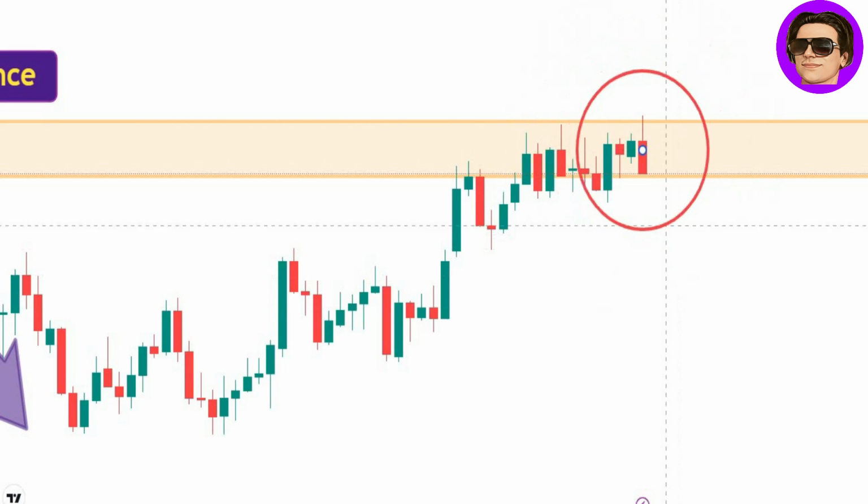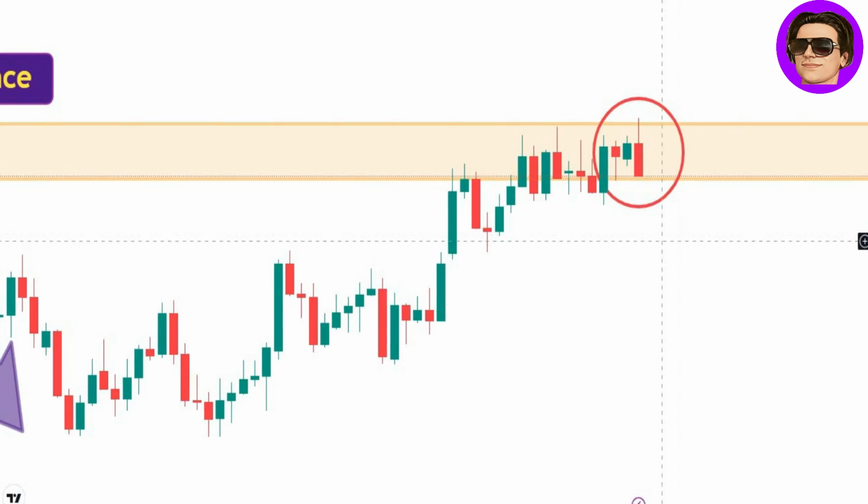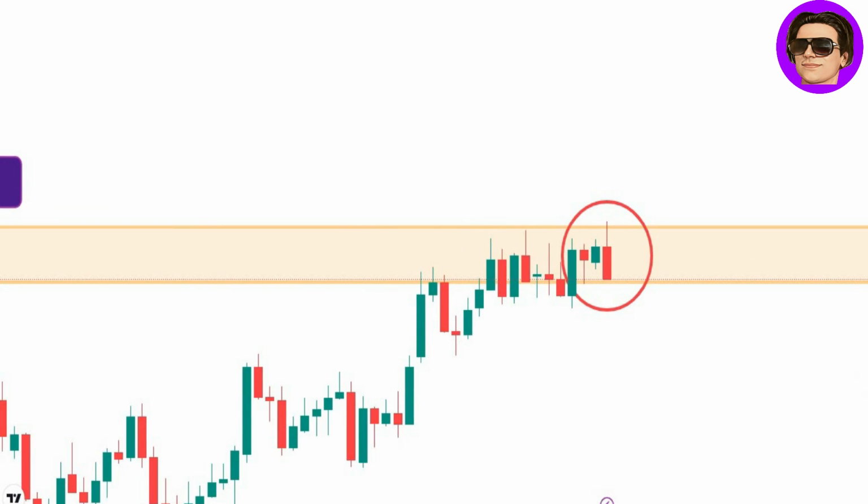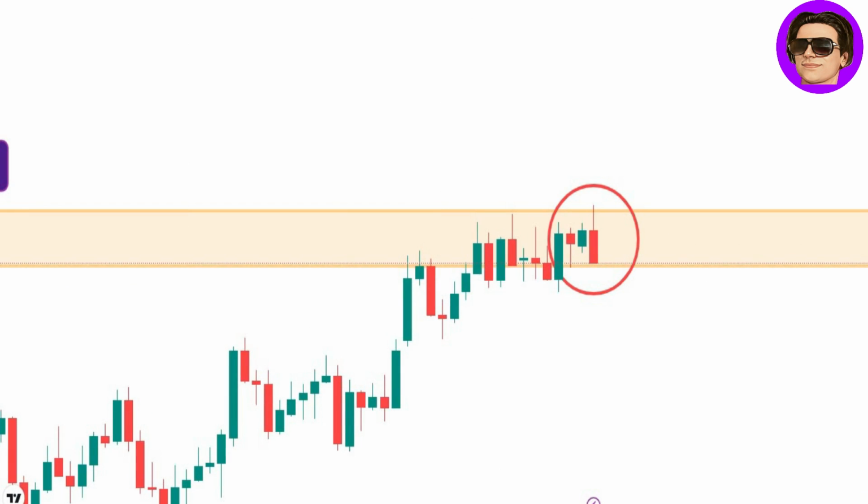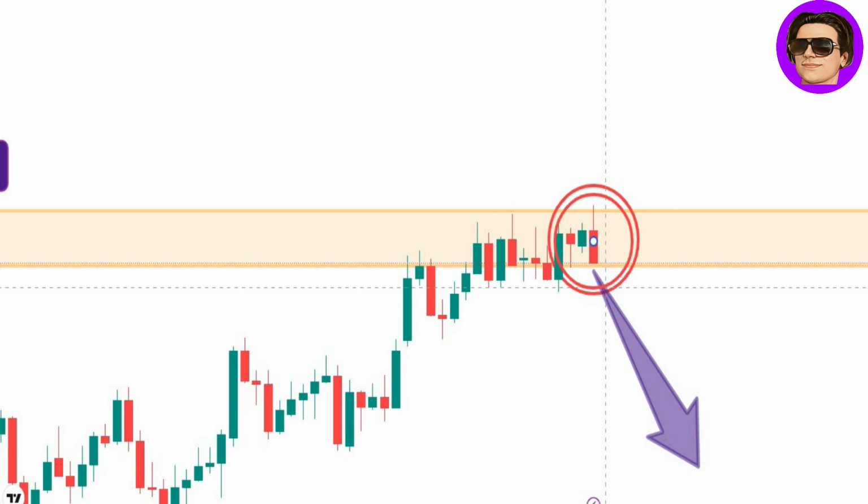Yes, this candle is fed line, return candle, back candle. This candle is a strategy. Yes, this candle go sell, is fed line, back candle, return candle.